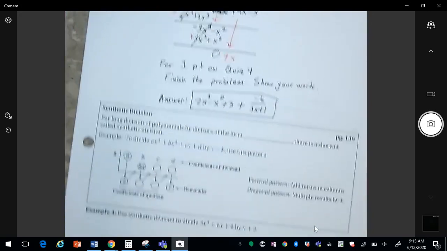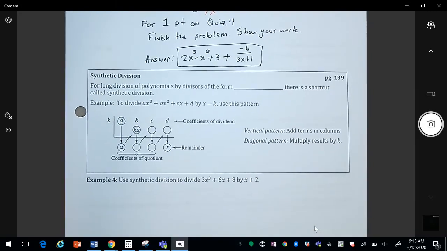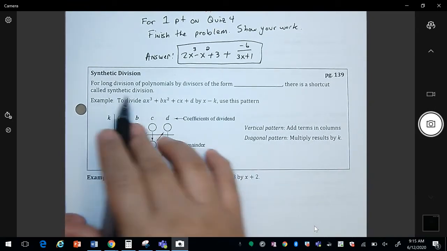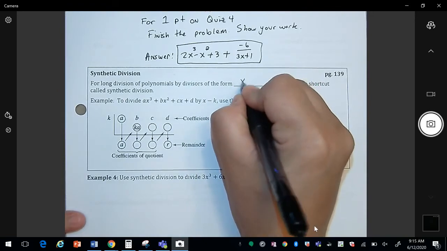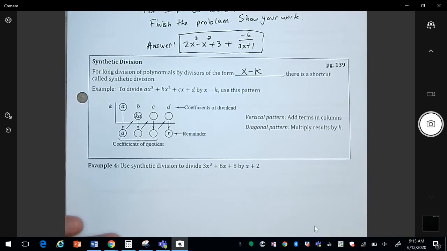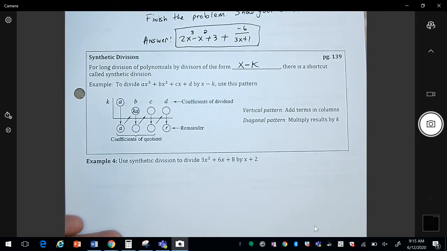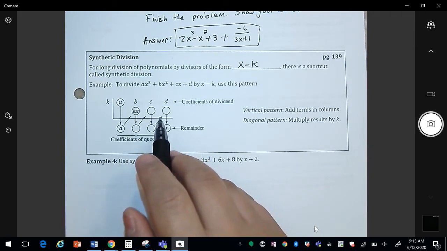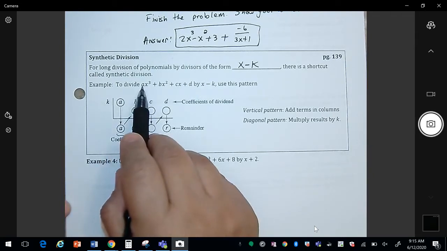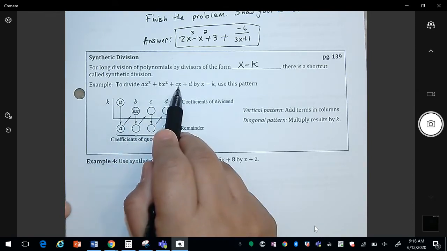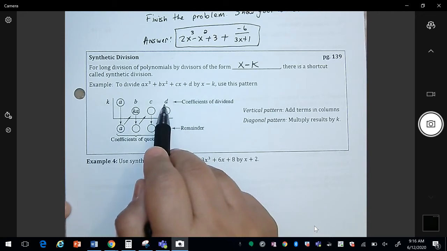Okay. So the next way to divide polynomials is called synthetic division. To use synthetic division, the divisor must be in this form, x minus k. Again, we put our coefficients in descending order. So a is the coefficient in front of x cubed, b is in front of x squared, c is in front of x, and d is your constant.